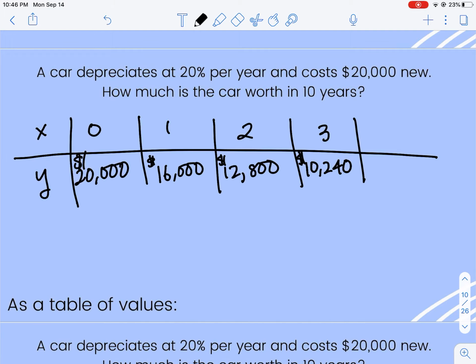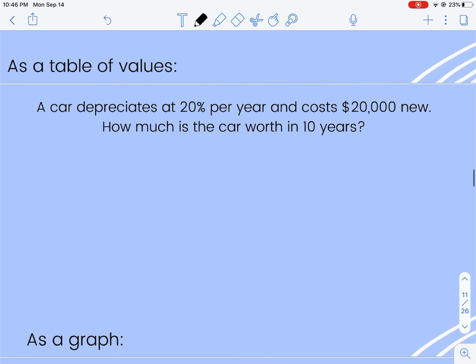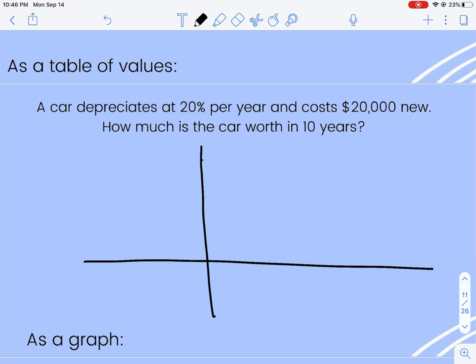That's kind of crazy. But when we consider this graphically, what happens is we start out here at $20,000. And after 1 year, 2 years, 3 years, here's about half. We've lost half of its value in just 3 years. That's kind of tough.